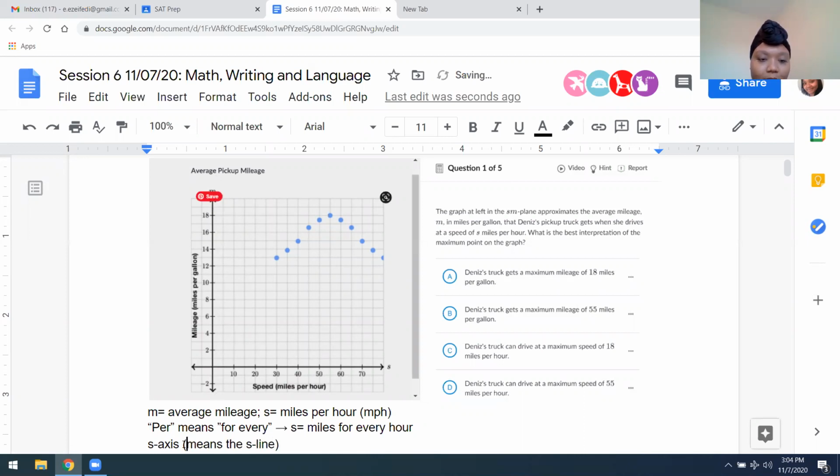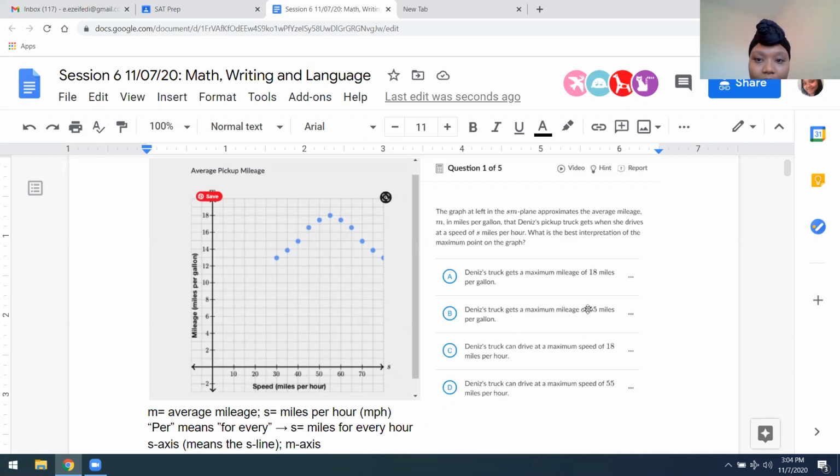So if we're speaking of mileage, mileage is actually vertical. It's within the M axis, so that would be right over here.